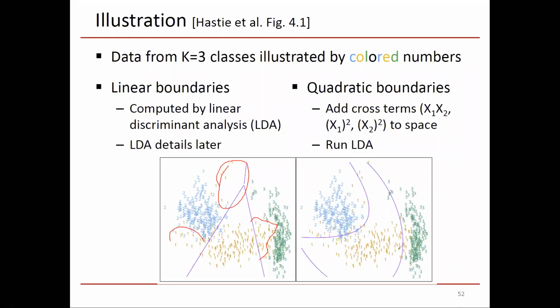On the other hand, with a quadratic approach, yes, we miss this one over here, and there are a few that we miss over here, but overall, with quadratic boundaries, we get better performance. So QDA, quadratic discriminant analysis, will be shown to be better than LDA, but there are always going to be trade-offs.